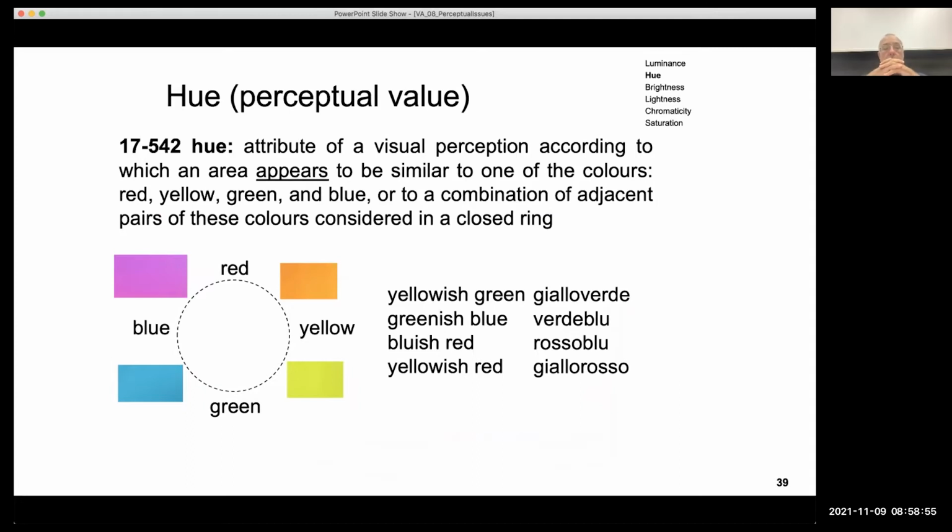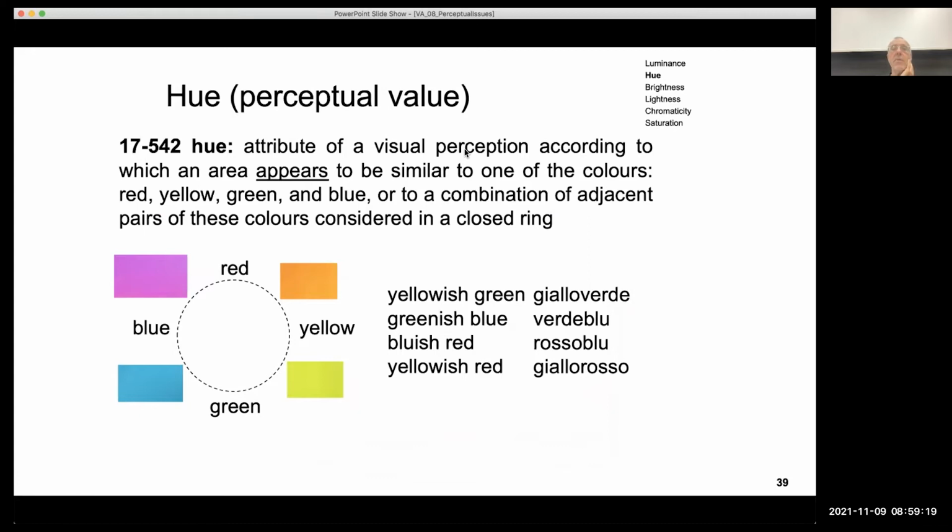Let's go to the second definition, the hue. Hue in Italian is translated as colore, but the definition is a little bit more complex. Still from that website, hue is defined as an attribute of a visual perception.